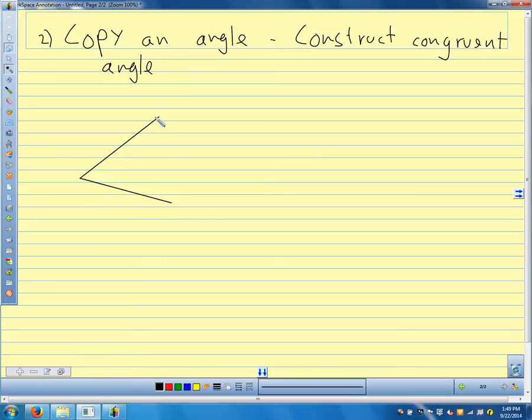I want to construct an angle that's congruent to this one. So the first thing that I want to do is draw a ray that's going to be the side of my new angle. So here's the side of my new angle. It can be anywhere, doesn't matter how long it is. That's going to be one side of my new angle.